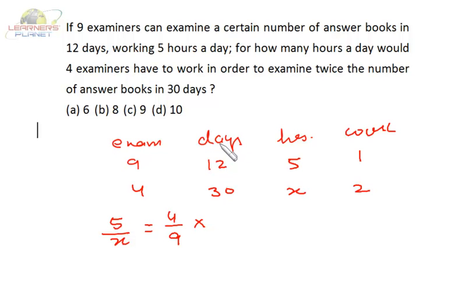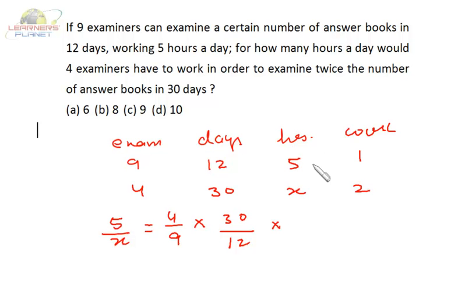Now, if more days are there, less hours will be required. Definitely, to finish a certain assignment, if more days are available, the number of hours will be reduced per day. So the relationship of days and hours is also inverse. So if it is 5 by x, it will be 30 by 12. Now, more work is there, more hours are required.